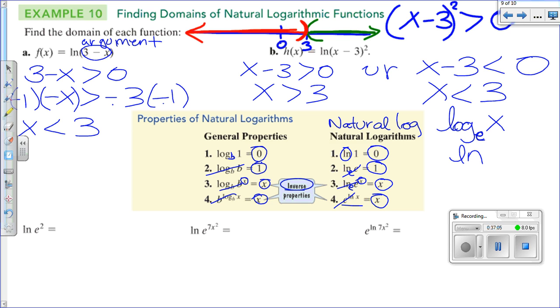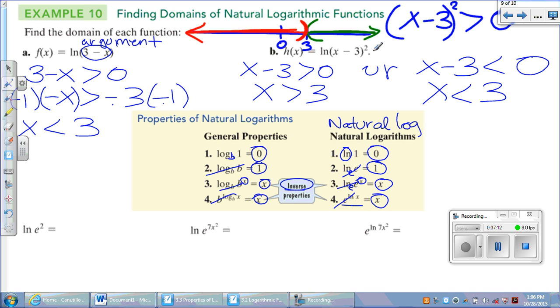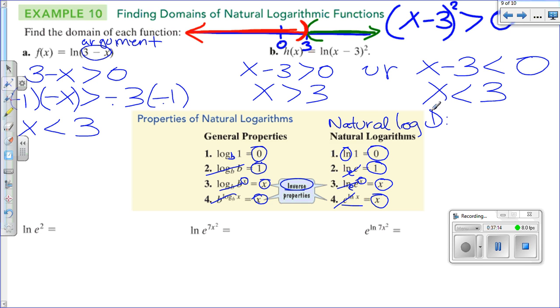So in this case, our domain in interval notation will be from negative infinity to 3, parentheses, union, from 3 to infinity.